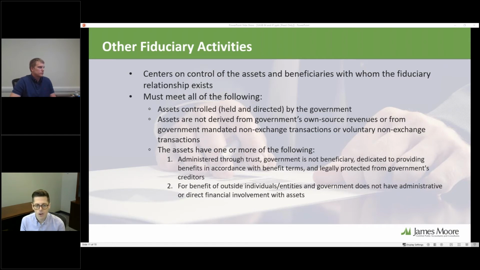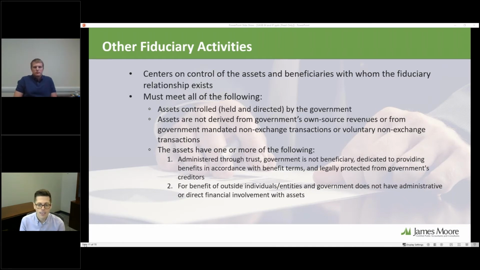Assets are not derived from the government's own source revenues or from government-mandated non-exchange transactions or voluntary non-exchange transactions. So the own source revenue piece can be important here. With higher ed entities, one question we got was whether or not athletic fees would be considered an own source revenue.